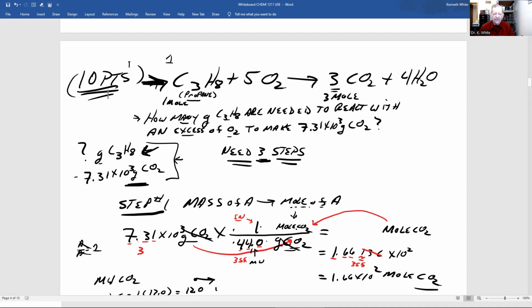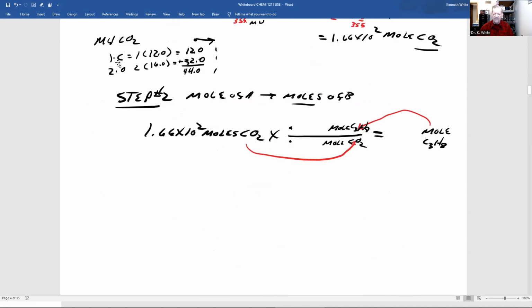And therefore, remember the coefficients of a balanced chemical equation, and when there's no number, it's the number one, tell you molar relationships. 1 mole of C3H8 propane makes 3 moles of CO2, carbon dioxide.